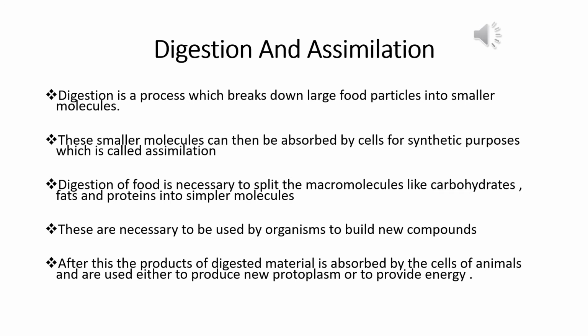After this, the products of the digested material are absorbed by the cells of the animals and are used either to produce new protoplasm or to provide energy. Protoplasm is actually a colorless material comprising the living part of a cell, including the cytoplasm, nucleus, and other organelles.